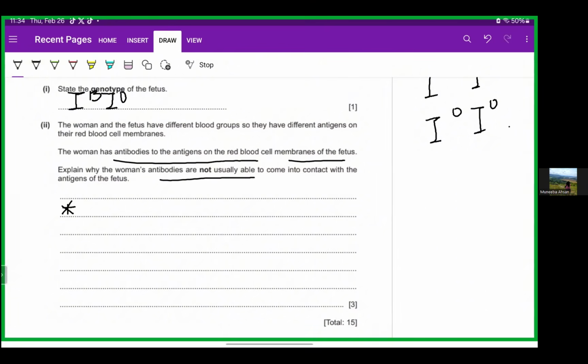The reason is that the placenta separates the circulation of mother and fetus.